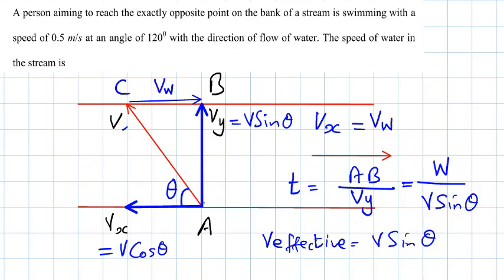So using Pythagoras theorem, you can say the effective velocity will be equal to the root of V square minus Vw square, since Vy square is V square minus Vw square. That's by using Pythagoras theorem.